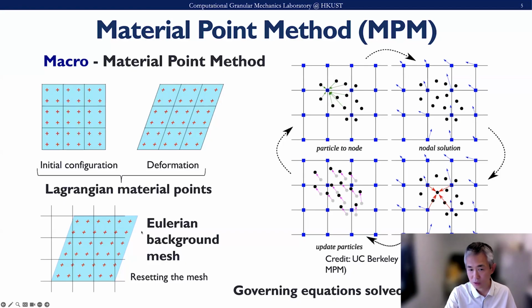Then the Eulerian background mesh can be reset to the original position, and you can update the material points. So this is what we call a particle-based method, and it can overcome the typical difficulties encountered by FEM. For FEM, if you want to deal with large deformation, you have to consider mesh distortion, then remeshing and other procedures.